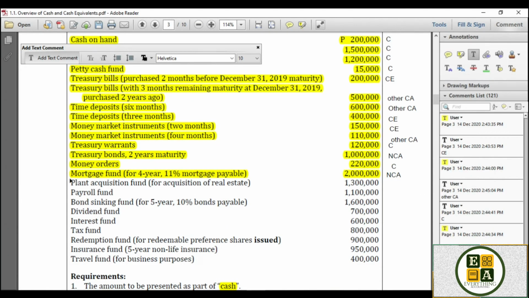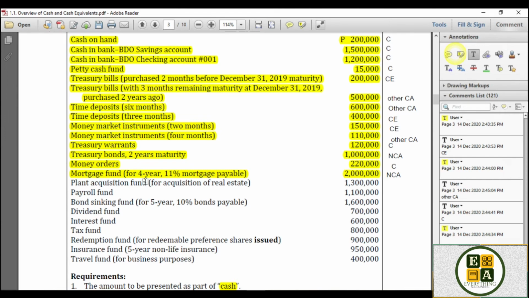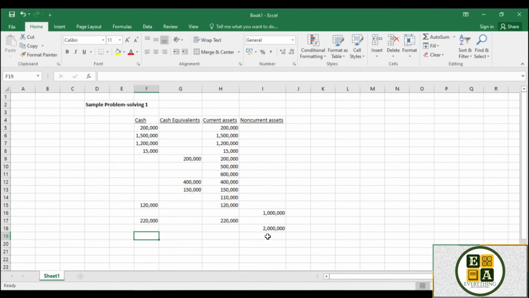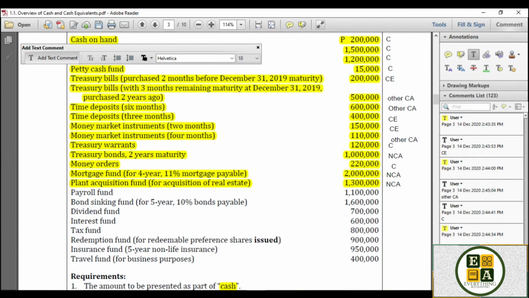Then, plant acquisition fund. Plant acquisition fund for acquisition of real estate. The same goes. Non-current asset. NCA din. NCA. That is 1,300,000. Then, we have payroll, automatic payroll.